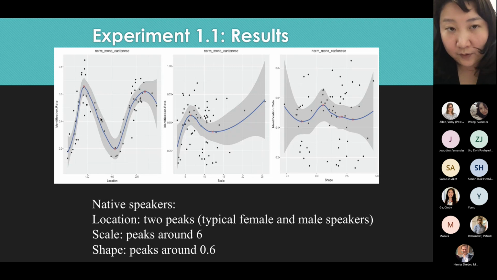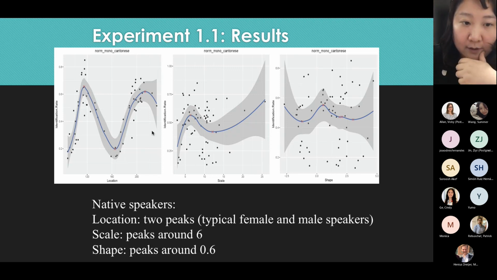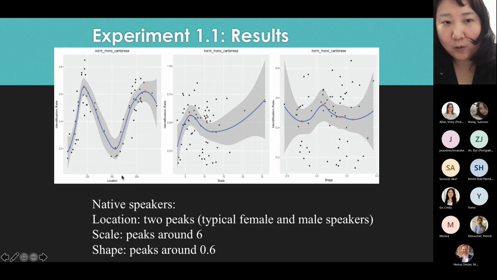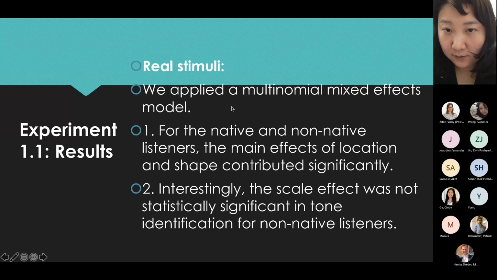So if you think about it, how do we prove that these parameters actually contributed to tone identification? Of course, we can just fit, say, a multinomial mixed effects model and test the main effects.